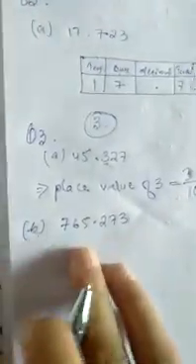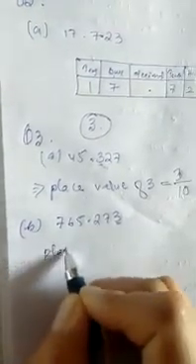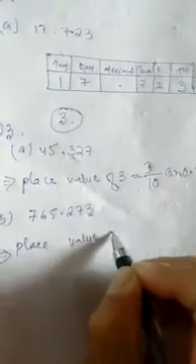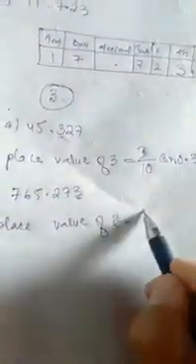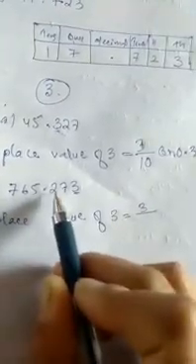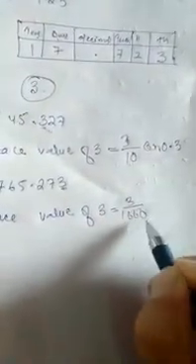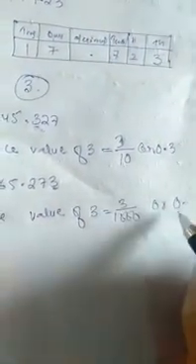765.273. So the place value of this has to be found out. Place value of 3 is equal to, how will we write it in fractional form? 3 by how much? Tenth, 100 and 1000, right? So 3 by thousand, or 0 point, before the decimal you put 0.